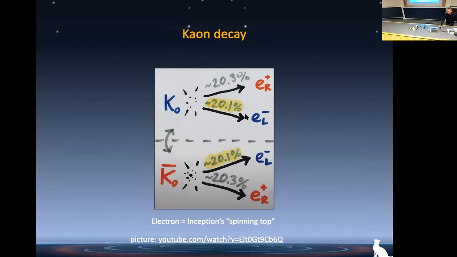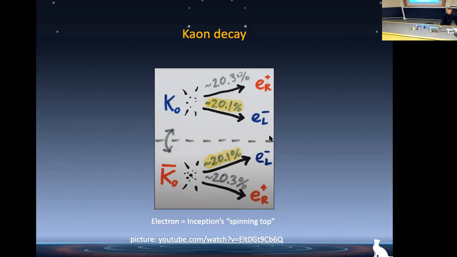Take the particle that the kaon decays less often into, and not only can she say what is left, she can also say this is matter, because in both cases the least probable decay channel is an electron. She can say it's an electron, it is negatively charged, and we agree upon the definition of charge. And finally, we can also agree on the definition of what is left, what is right, because they are both left in both cases.